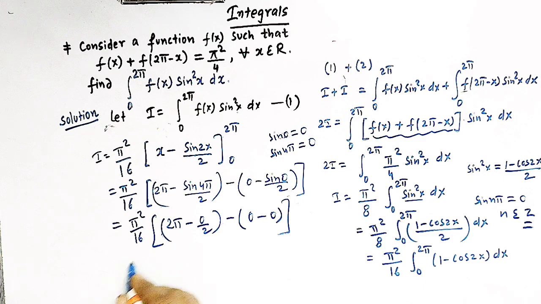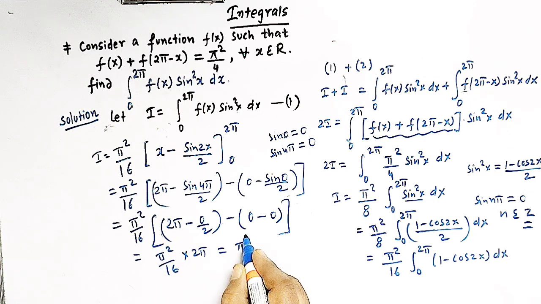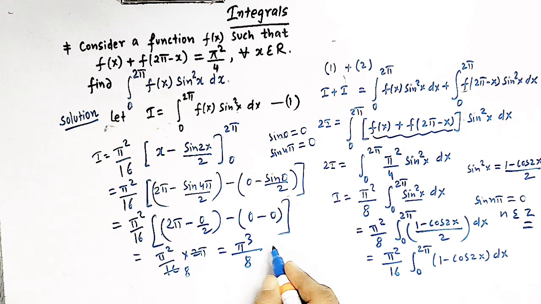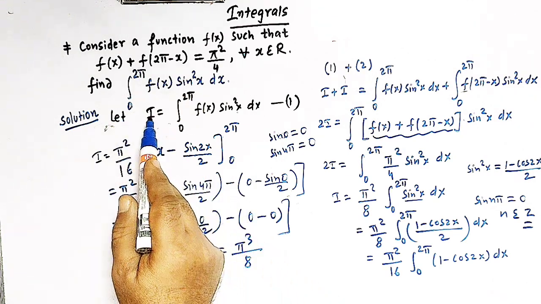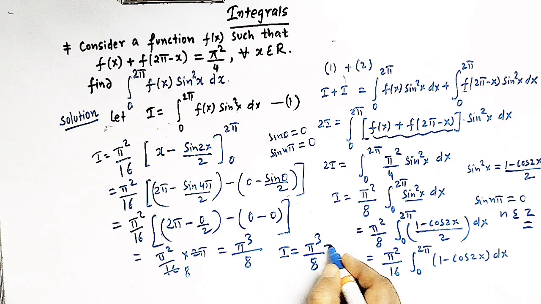Okay, so here we have pi square over 16, and here we are left with only 2 pi, right? So this is pi square times pi, that is pi cube, over 8, right? So the value of this integral, that is I, is equal to pi cube over 8, which can also be written as pi over 2 whole cube.